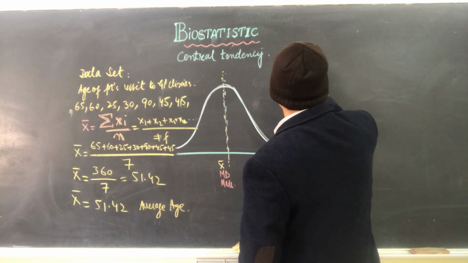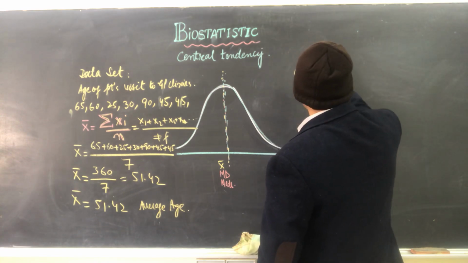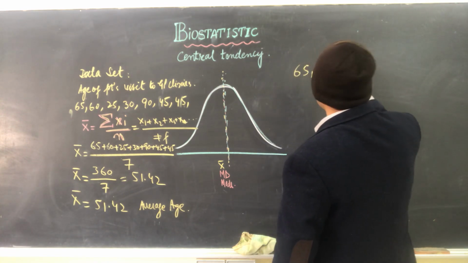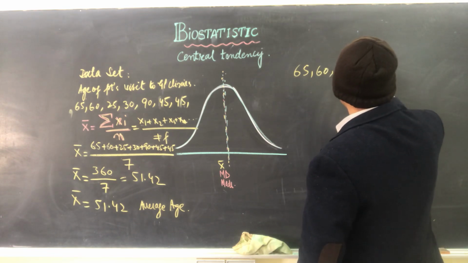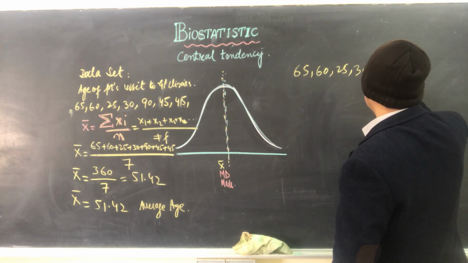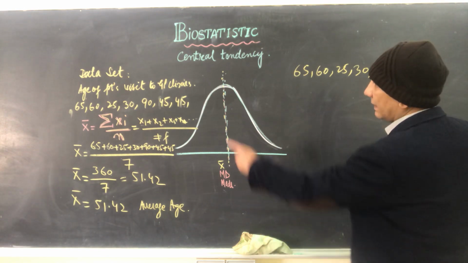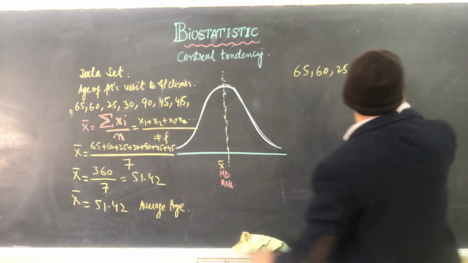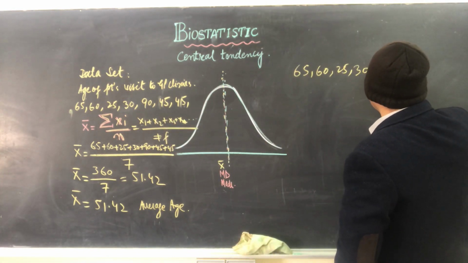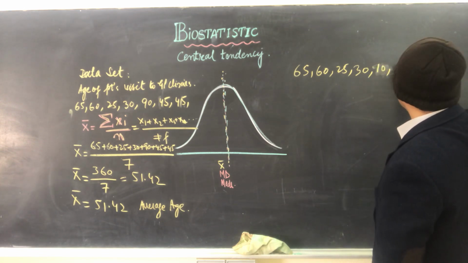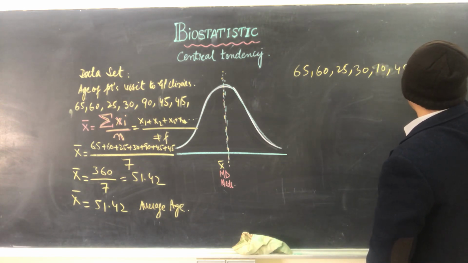Now see: 65 years, 60 years, 25 years, 30 years, and 30 years. At the age of 90, we will write down 10 years, 45 years, and 45 years.